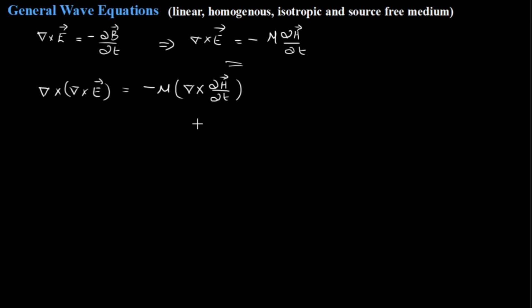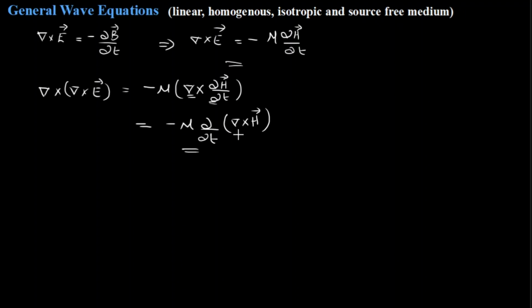Now on the RHS I can interchange the operators, because this del operator is also a partial differential and this del by del t is also a partial differential. So I just interchange the curl operator and the partial differential operator. This becomes partial differential of curl of H, and the LHS remains the same.